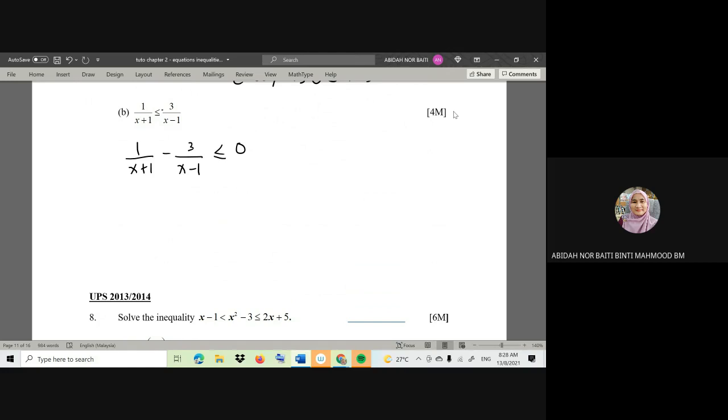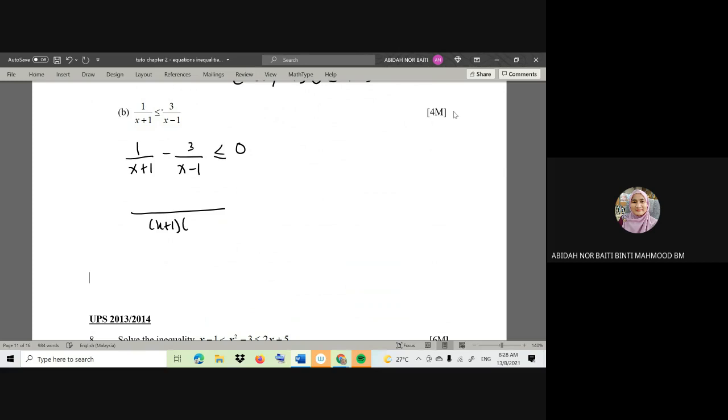This is subtraction of fractions, so we equalize the denominator. Your denominator is x plus 1, x minus 1. Your numerator is x minus 1 minus 3 times x plus 1, less than or equal to 0. Rational inequalities: rearrange and equalize denominator.